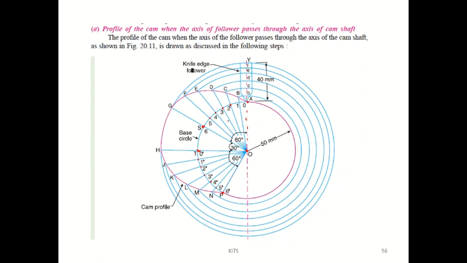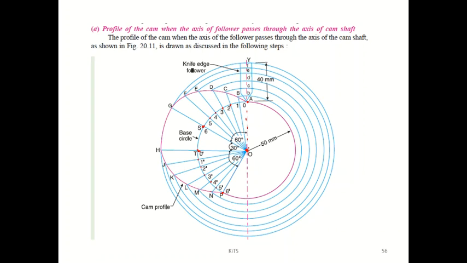I hope you have marked all these points. Here 6 points, here 6 points. Name them the same names: 0, 1, 2, 3, 4, 5, 6. Here 0 dash, 1 dash, 2 dash, 3 dash, 4 dash, 5 dash, 6 dash. You have to name the same thing here also. After this, from O, draw lines.